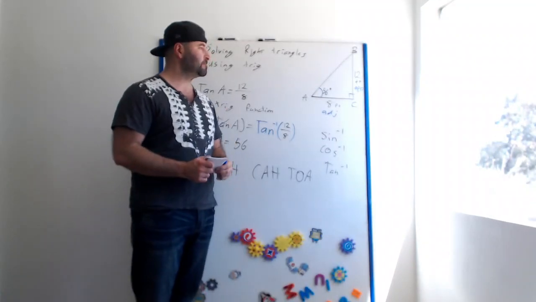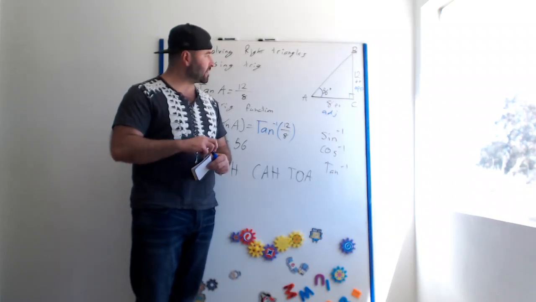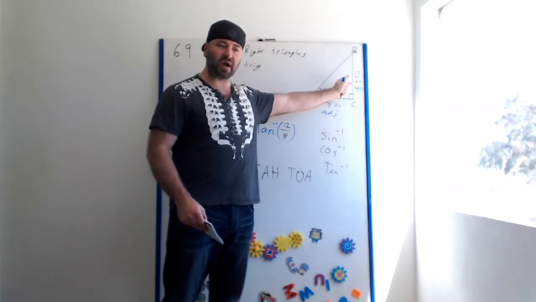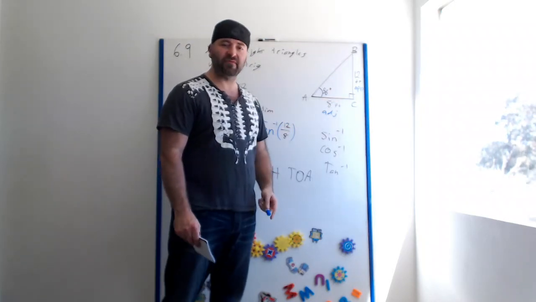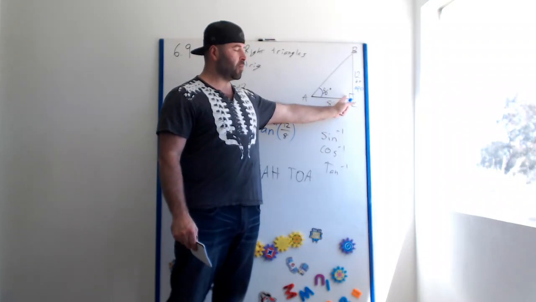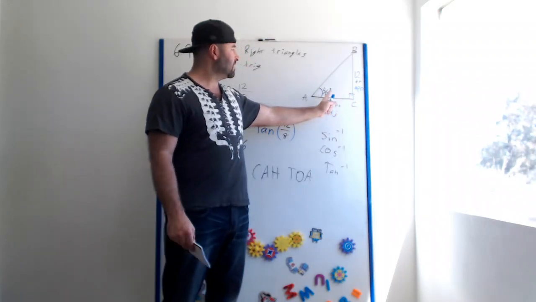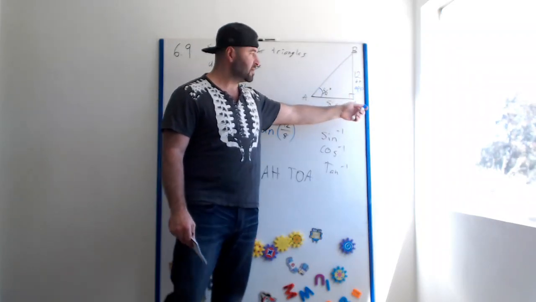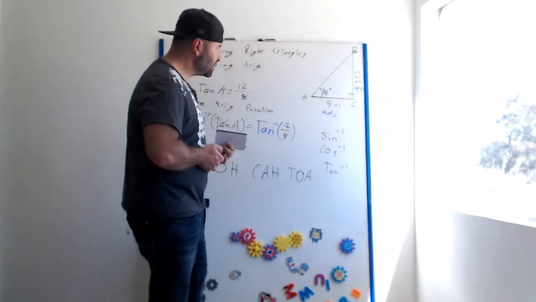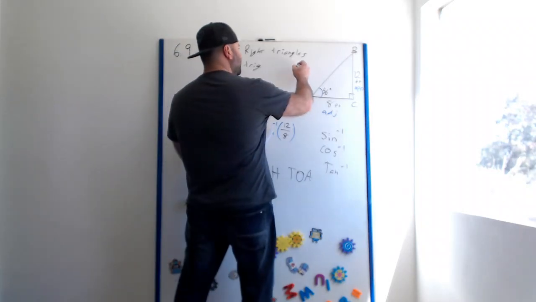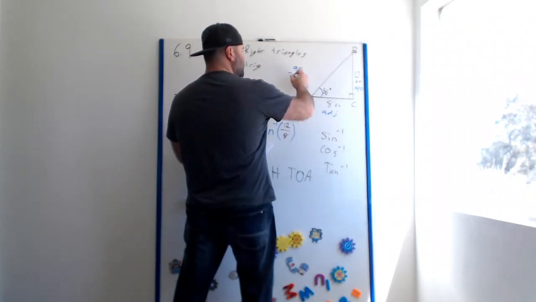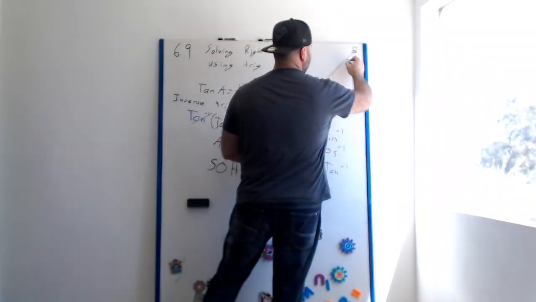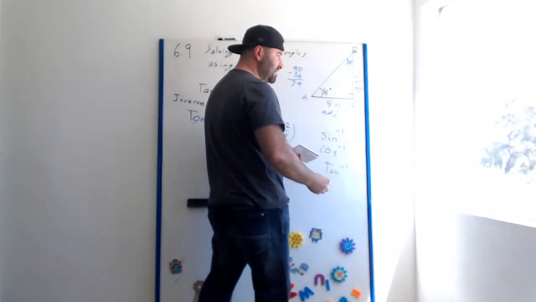The second option, which is slightly faster, well, we know that all three angles in the triangle have to add up to 180, and we know that one of them is already 90. So these two angles have to be complementary. This angle is 56. We can do 90 minus 56, and we get 34 degrees. Okay, that's the second option.